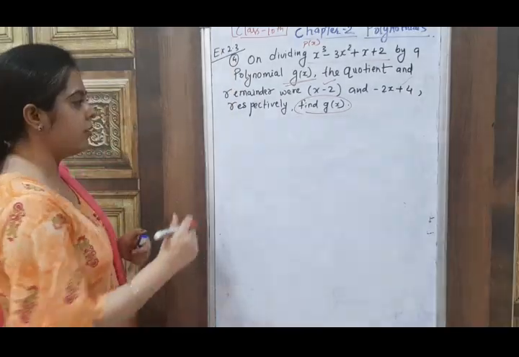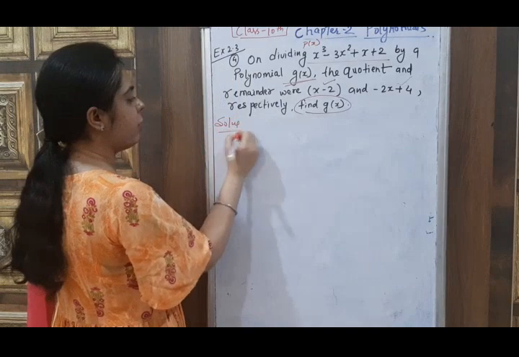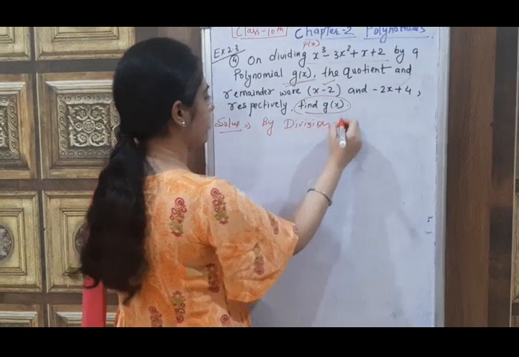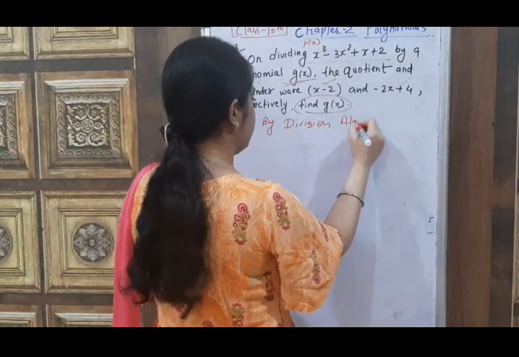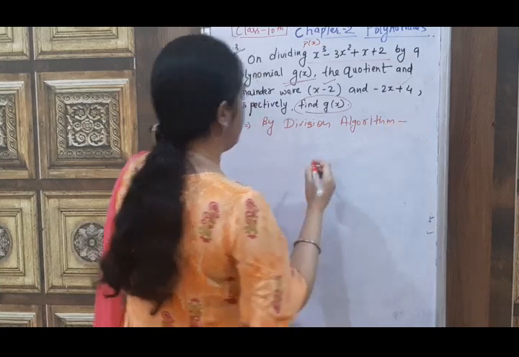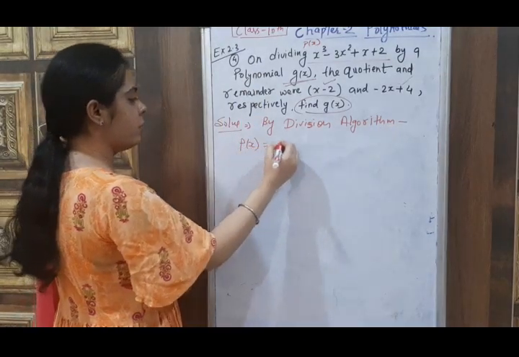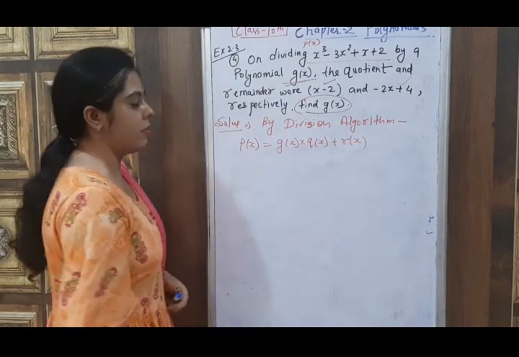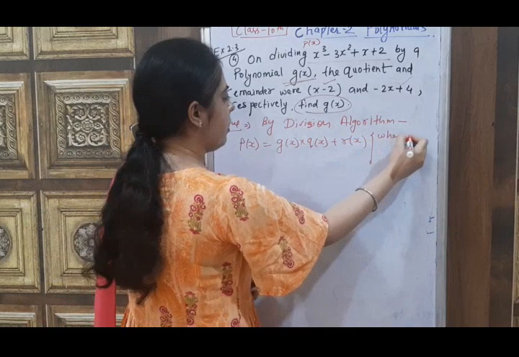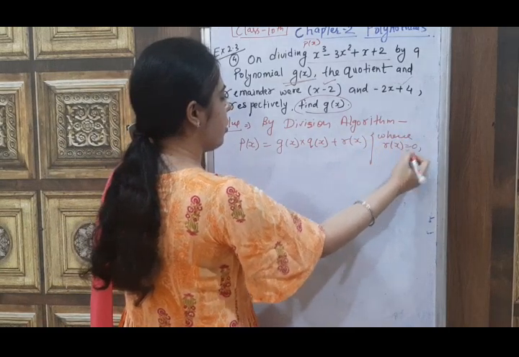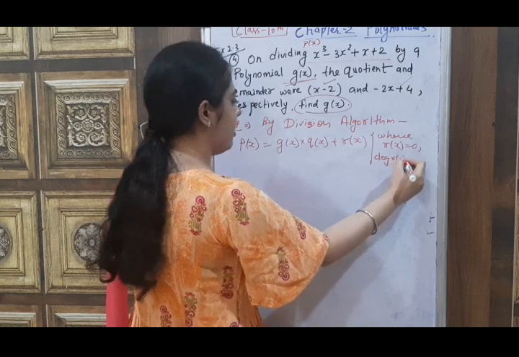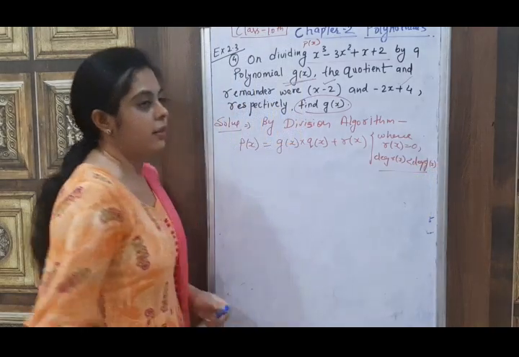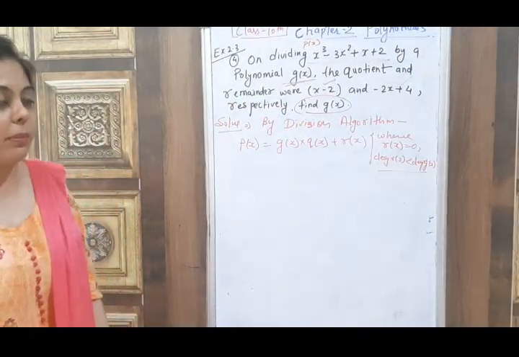So let's use that formula by division algorithm. Px is equal to gx into qx plus r of x, where r of x is equal to 0 or degree of r of x is less than degree of g of x. Don't forget to write this. It is a very necessary statement which you have to remember.